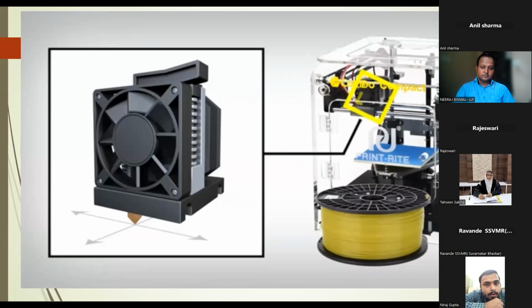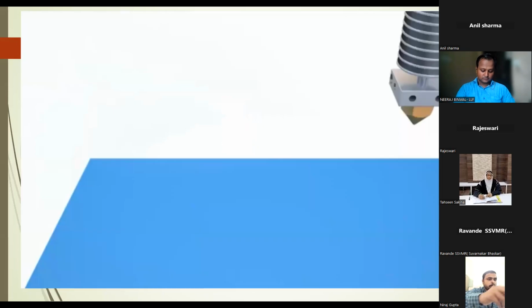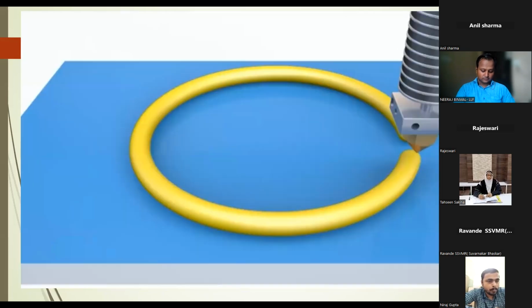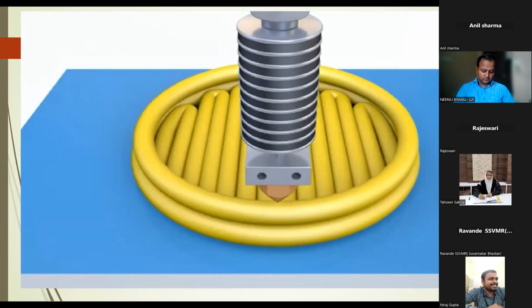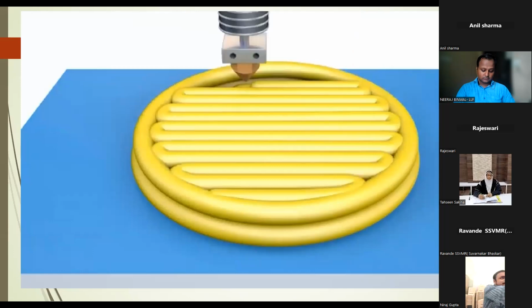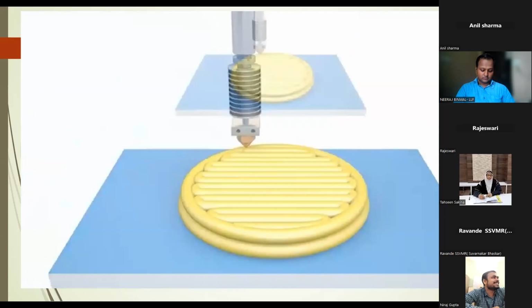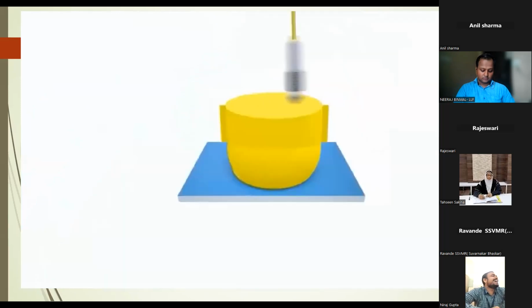The print head has a heating element, and when filament is fed into it, it heats it up so it melts. The print head then draws the outline of the first slice with the melted filament and fills it in. The plate moves down so the next slice can be printed. This continues until all the slices are printed and our model is complete.